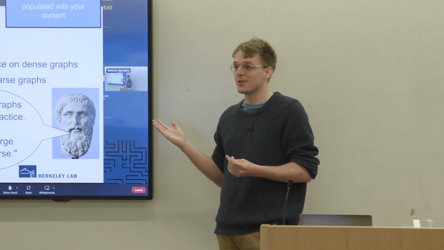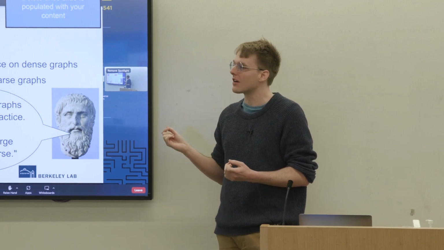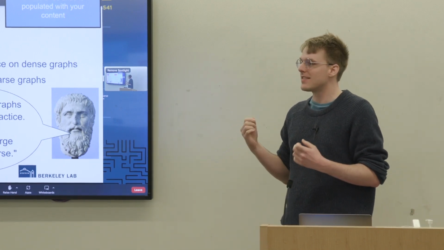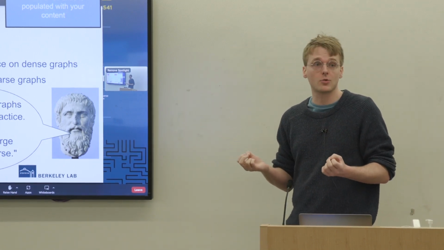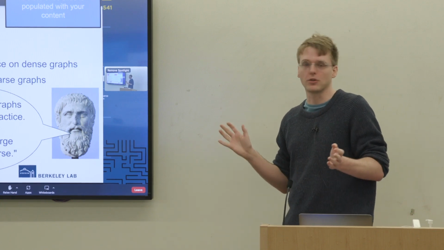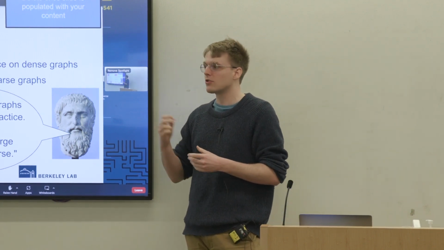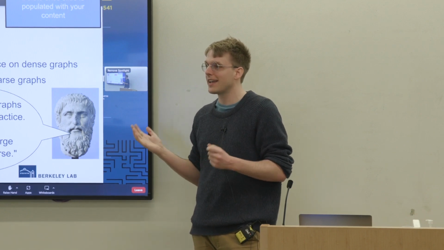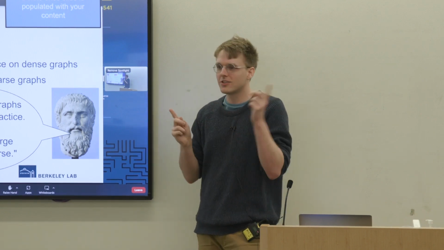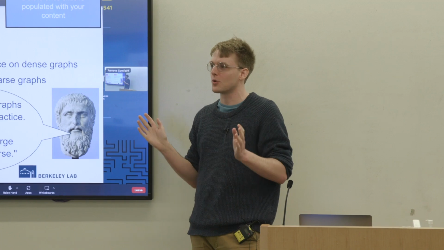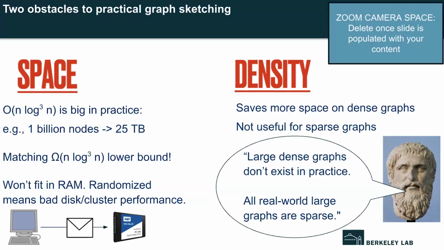Well, it turns out you can't. There's a matching lower bound, even including the log factors. So what this means is that this algorithm, even if it saves space on some graphs, it'll never fit in RAM, at least not for a while, until we get massively larger RAMs. And because it's randomized, you can't just throw this onto disk or onto a cluster and get good performance because you're making all these tiny random reads and writes everywhere. This destroys your performance. So that's our first problem, is space.